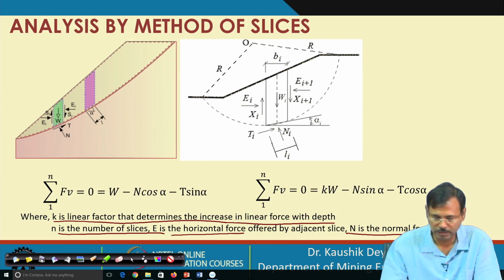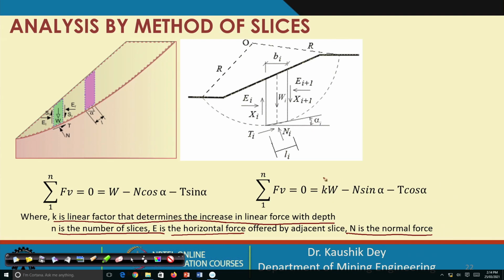In that case, the force can be calculated using this formula. This formula is almost the same for this one and this one. Alpha is the angle we are considering at this place and N is the normal force. So, this is the destabilizing component and this is the stabilizing component we are considering in this case.